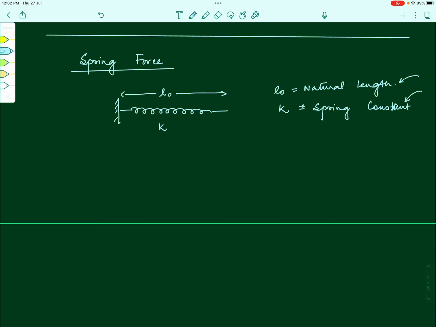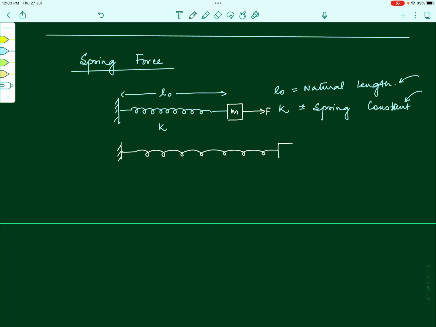Fine. Now, what we do is, we take the spring, we connect it with a block, let us say, and we pull this block by exerting a force in any direction, towards right, for example. In the process, do we understand that the spring will open up, right? When the spring opens up, it will look like this.